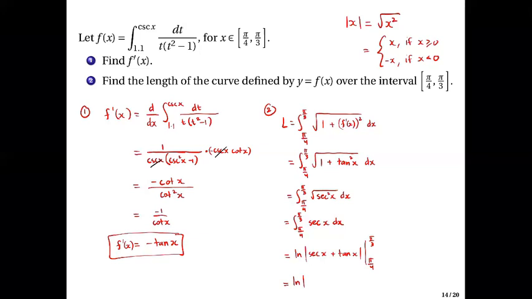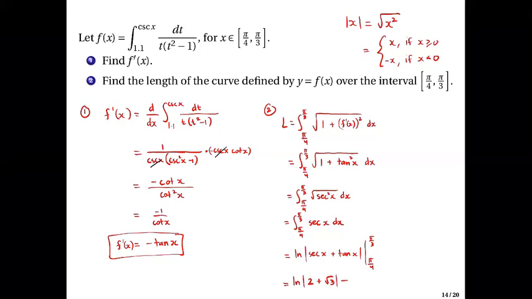So secant of pi over 3, that's just 2, plus tangent of pi over 3. Tangent of pi over 3, that's just square root of 3.